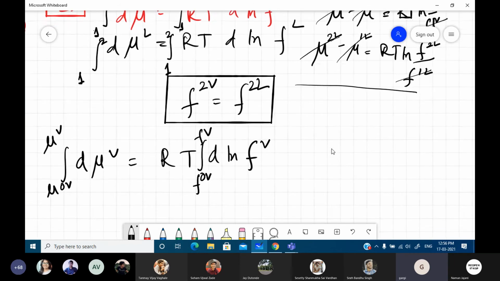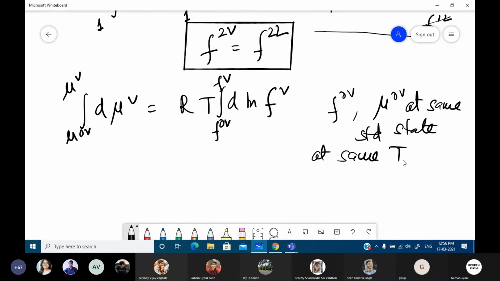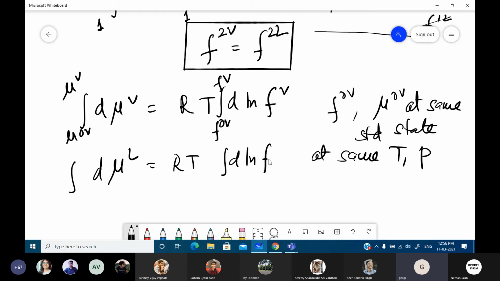Just remember one thing, that F0V and mu0V have to be at the same standard state, which means at the same temperature and pressure, right? Same way for the liquid phase, this is going to be RT d ln FL. We start from mu0L to muL.